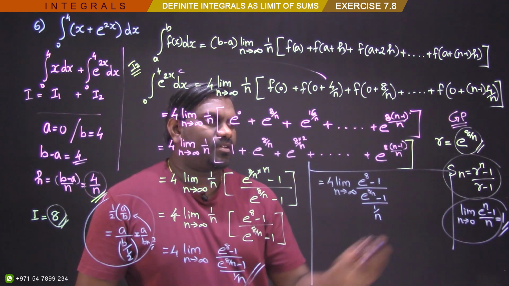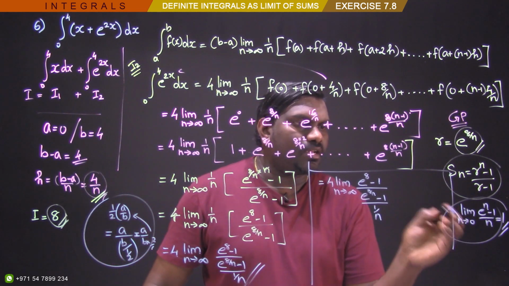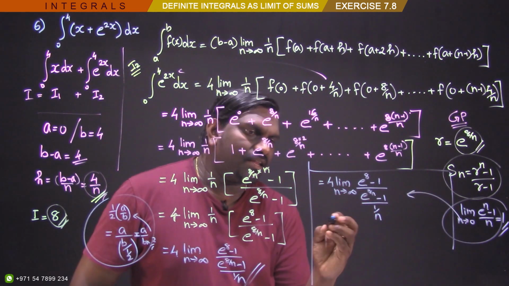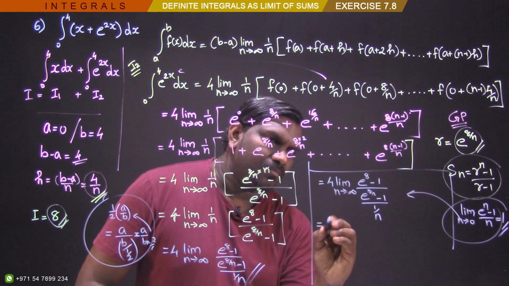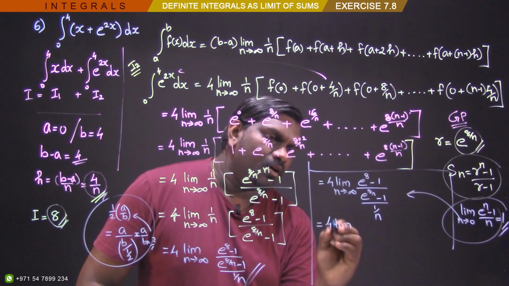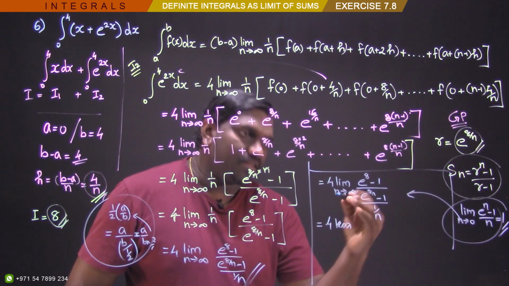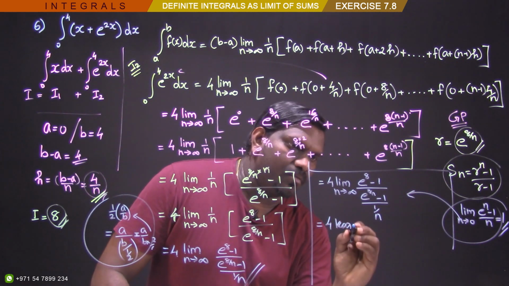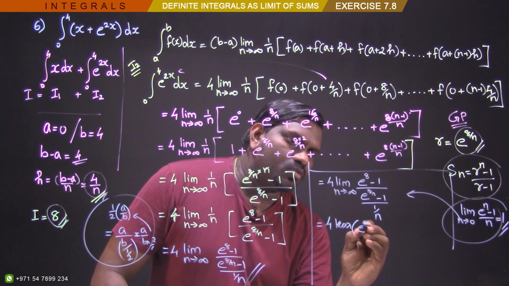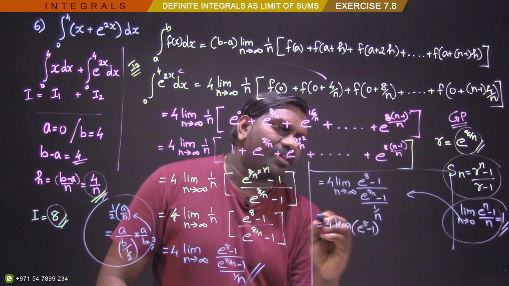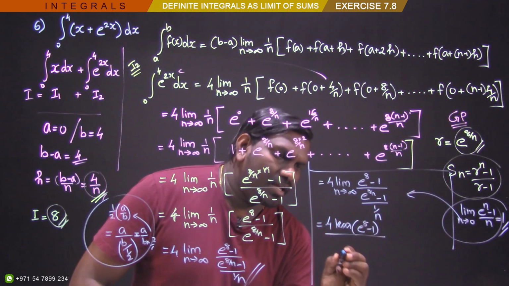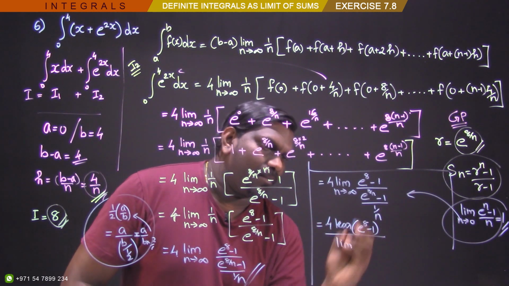Here n tends to infinity, so you need to convert it into that form. How can we convert it? e raised to 8 minus 1 is actually a constant, and I am going to apply the limit to the denominator.